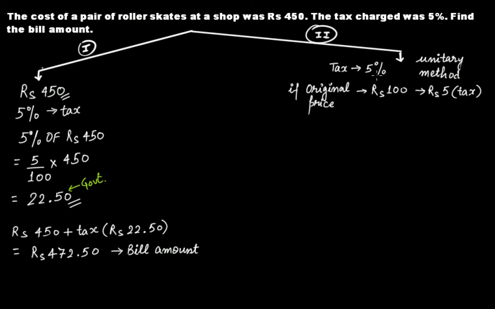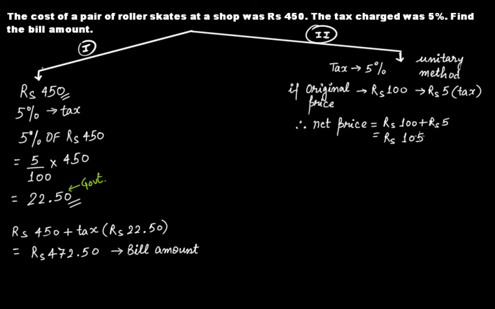That's what this 5% tells, that 5 per 100, that is rupees 5 on rupees 100. If your original price is rupees 100, you'll have to pay tax of rupees 5. Therefore, your net price will become, after including tax, rupees 100 plus rupees 5, that is rupees 105.